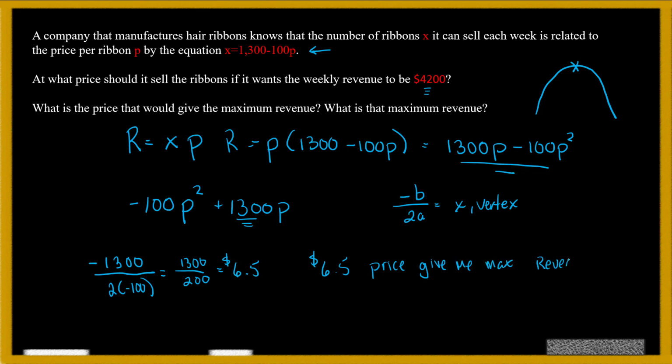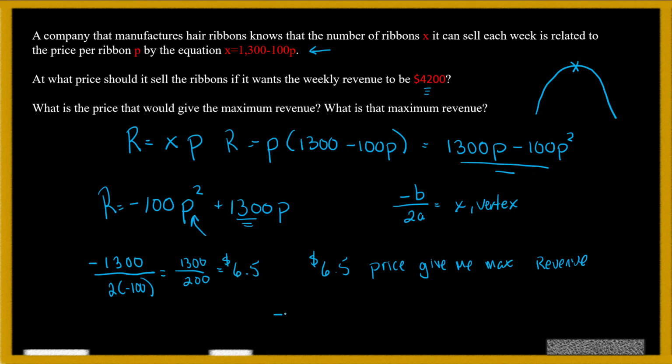Now, to find the maximum revenue, the simplest way to do it, so you don't have to remember more than one formula of negative b over 2a, is to go back to the original equation and plug in 6.5 for p.